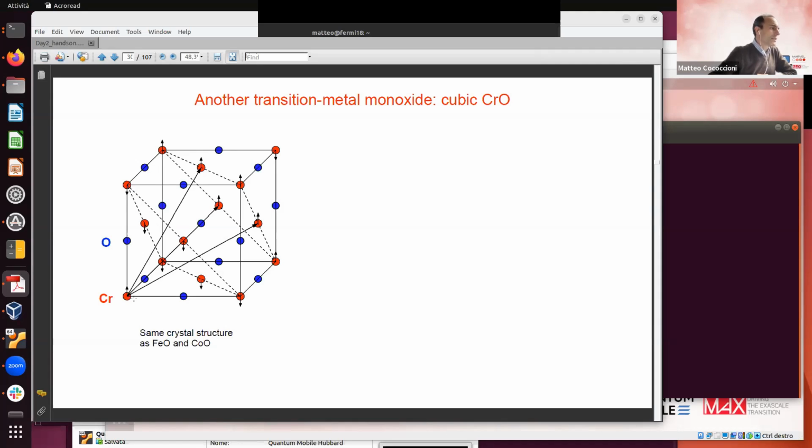So basically, although it's two interpenetrating FCC lattices, you have to pick a unit cell that's twice as large as the regular FCC one, just because you have to allow for an antiferromagnetic type of structure.